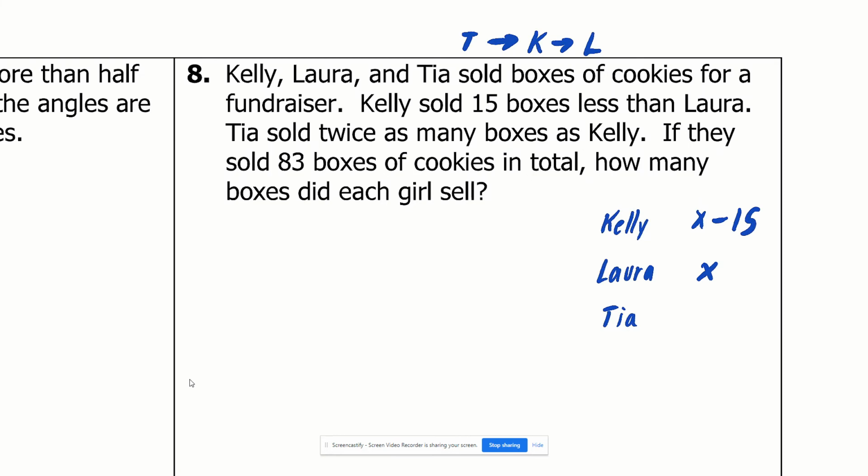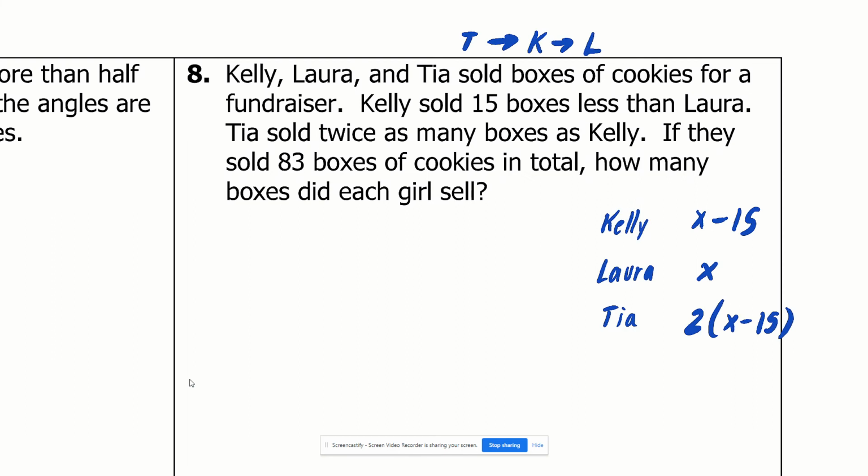That's Kelly. Now, who is Tia being compared to? Tia is being compared to Kelly. What is Kelly? She's X minus 15. What does it say about Tia? Twice as many as who? And if Kelly was X minus 15, that means it's twice X minus 15.